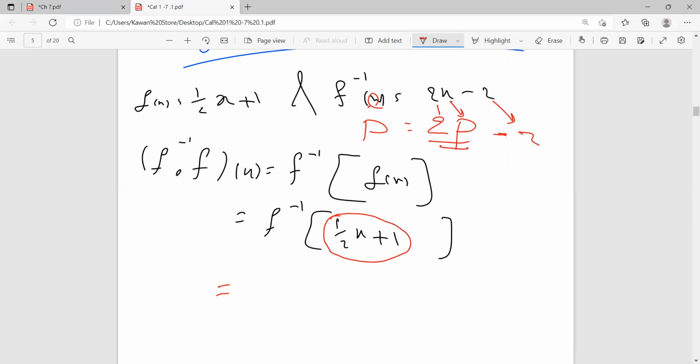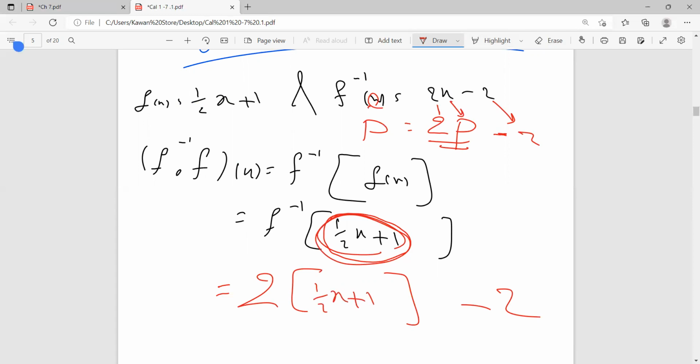If you give me x, I say 2x minus 2. If you give me B, I say 2B minus 2. If you give me anything, I say two times that thing, minus 2. So I write it down like that. Understood, dears?